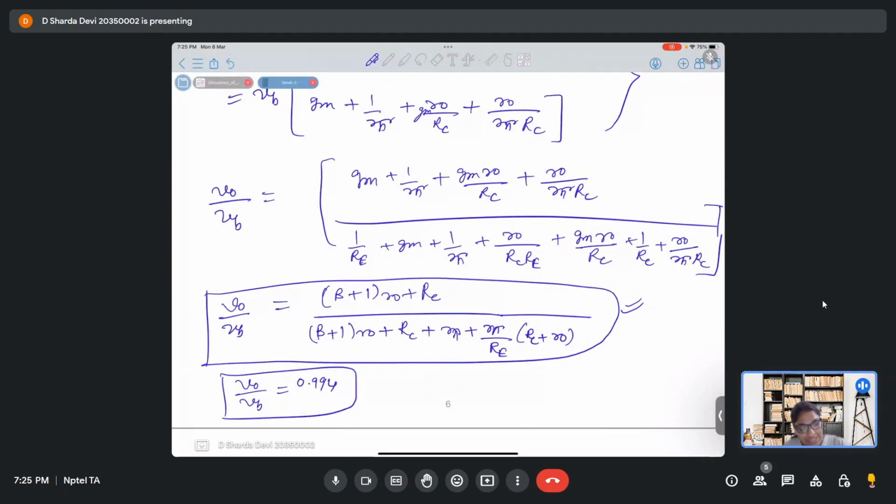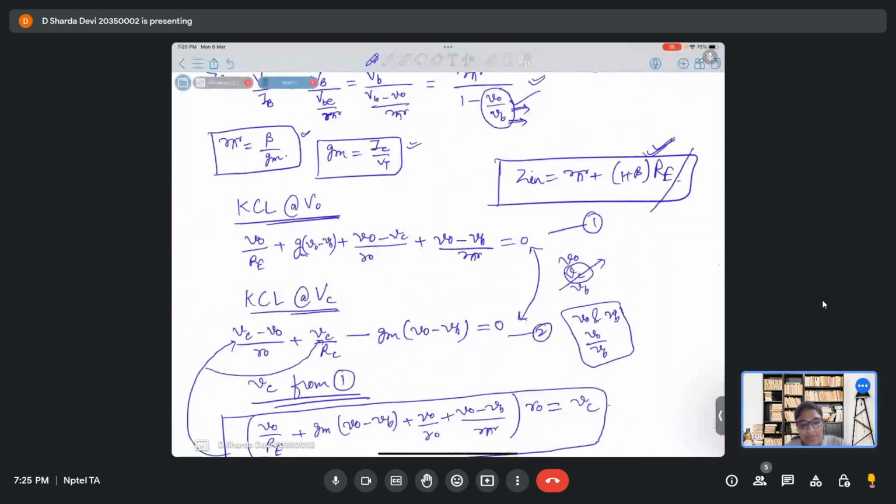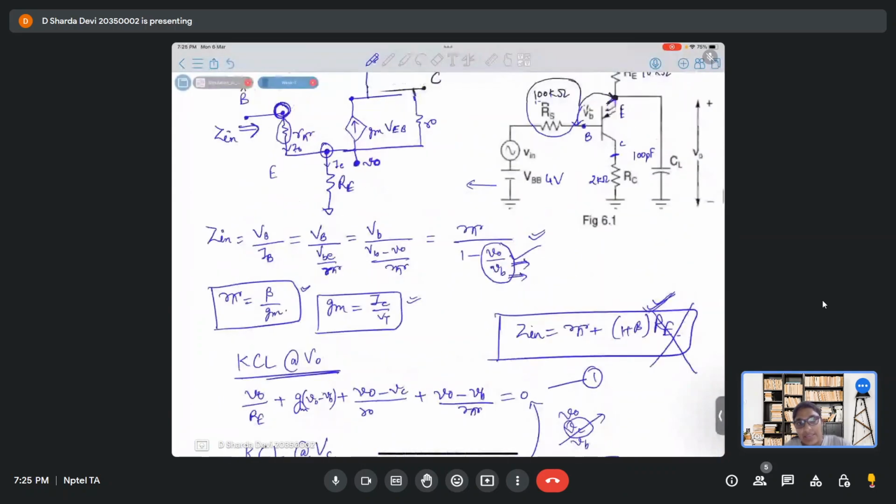Here you can clearly see when we are saying V0 by VB, we are seeing the effect of Rc, Re, R0, R pi, everything. So we cannot simply write it as R pi, 1 plus beta Re. Is this clear? Yes, ma'am.